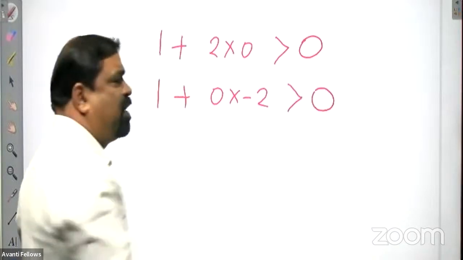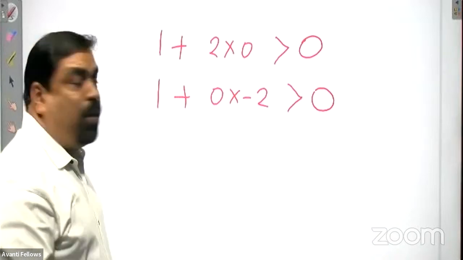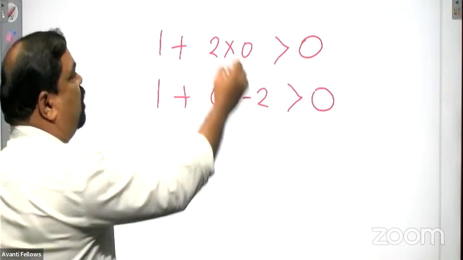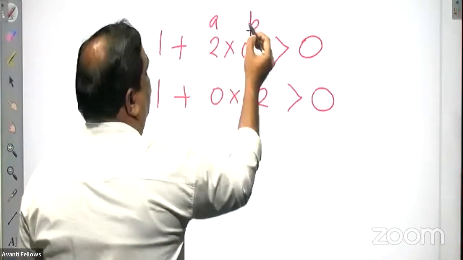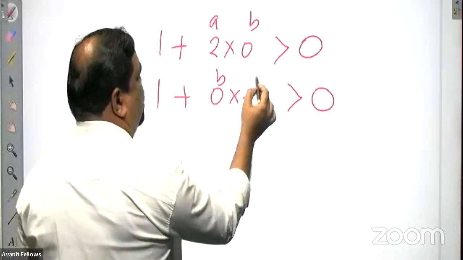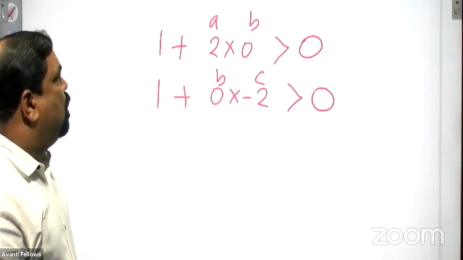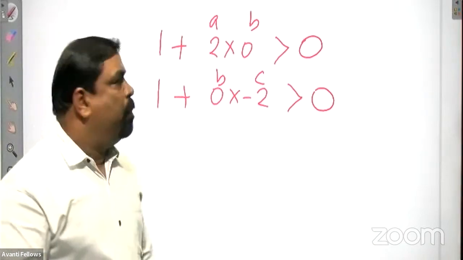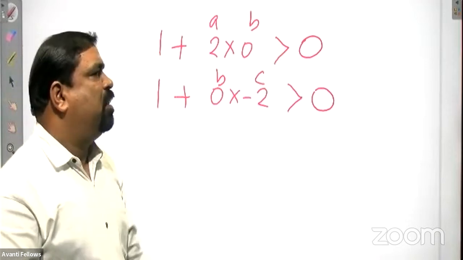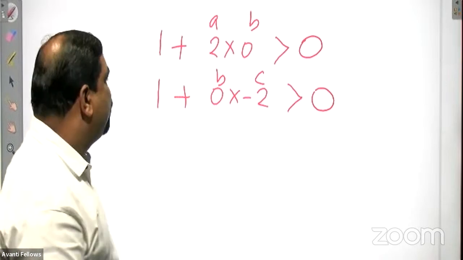Okay, let me take a different example. What I have taken first is not correct actually. We have to give an example which is not true. So I take A equal to 2, B equal to 0, C equal to minus 2. Then 1 plus AB means 1 plus 2 into 0, which is 1 only, and 1 is greater than 0, that is correct.